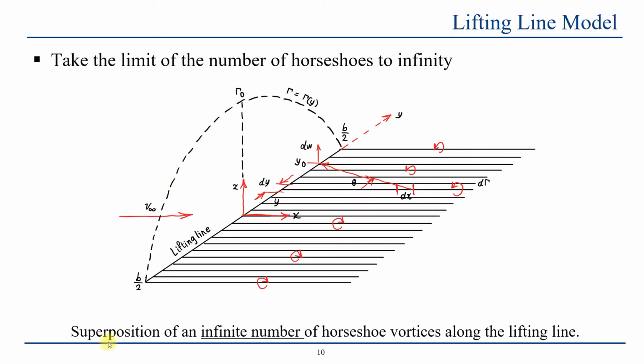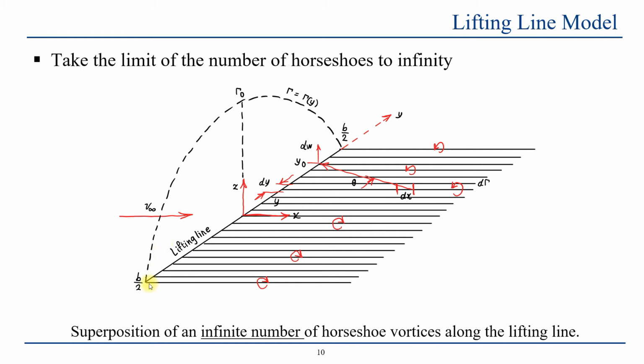If we increase the number of those horseshoe vortices to an infinite number, and this infinite can be a large number, it doesn't have to be millions. Also, if you do have the computational power, you can do that as well. You will get a closer distribution to the realistic distribution of the circulation over the wing.